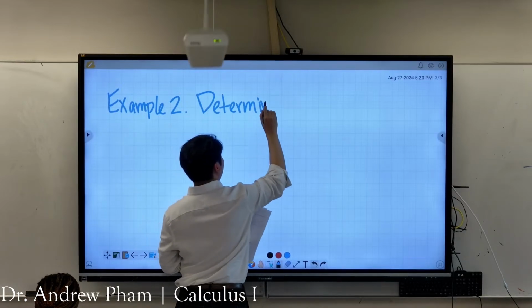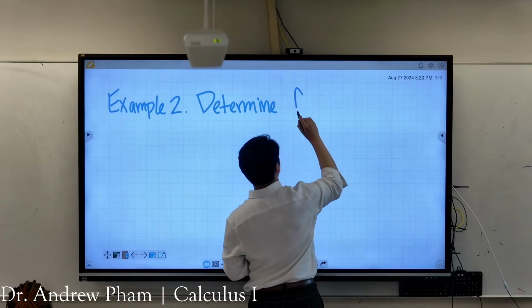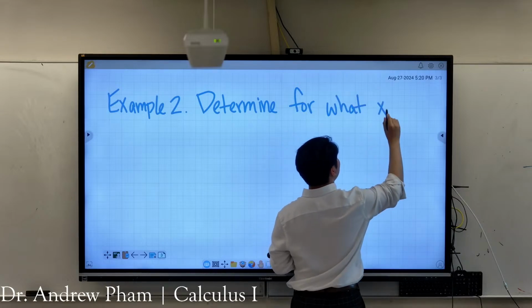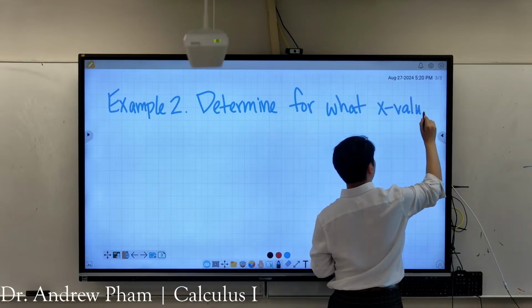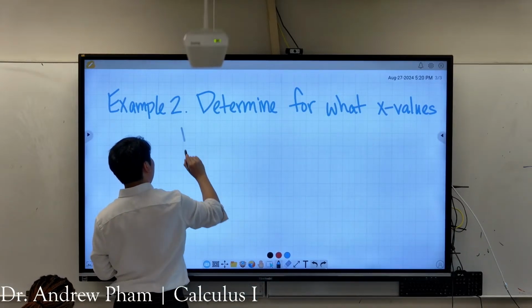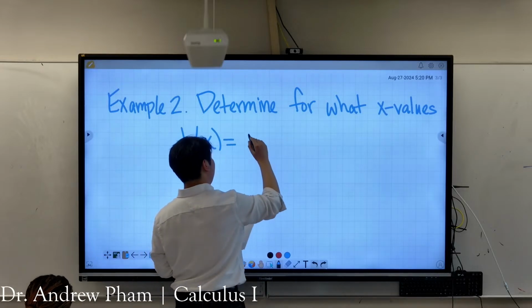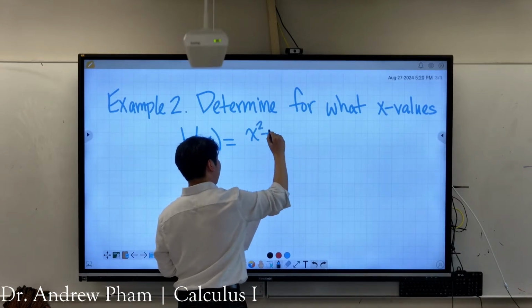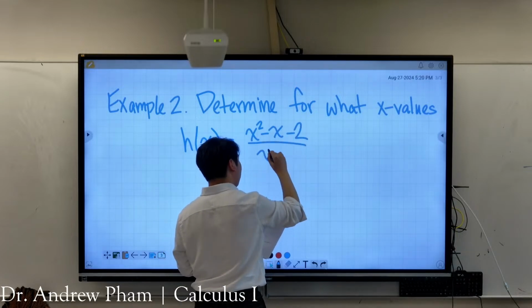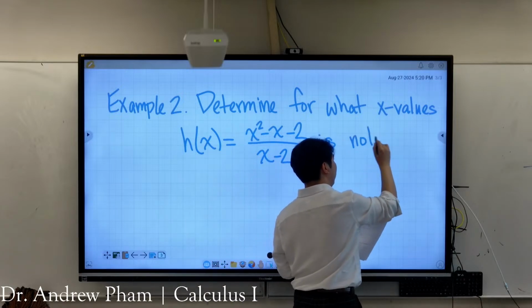Determine for what x values the function, let's call it h of x, is equal to x squared minus x minus 2 over x minus 2, is not continuous.